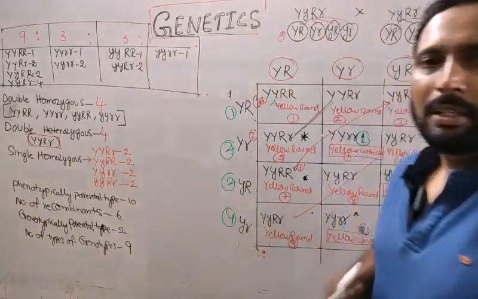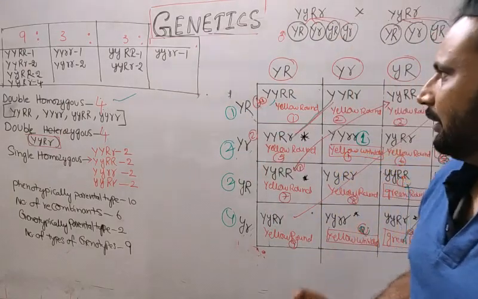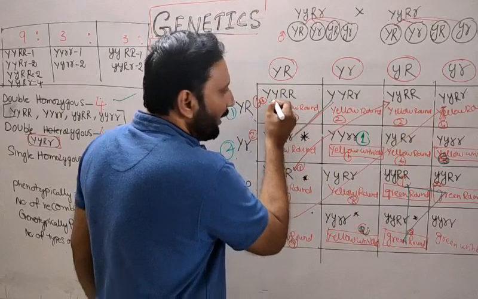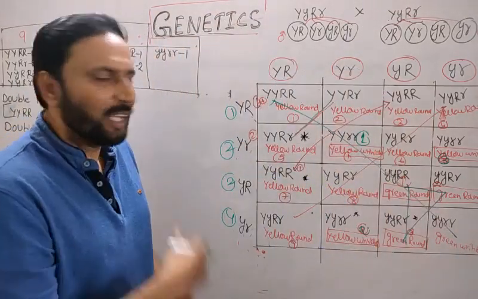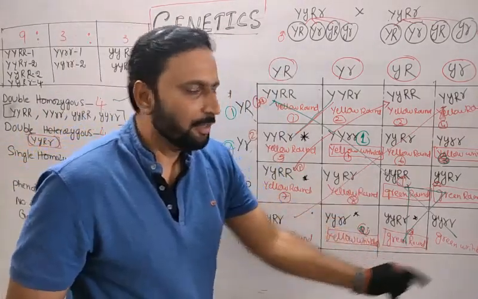Then when you go for applications, double homozygous, how many are there? Just double homozygous, when they ask, just you draw a line like this. Only lines, you can calculate easily. Line like this, so left to right.